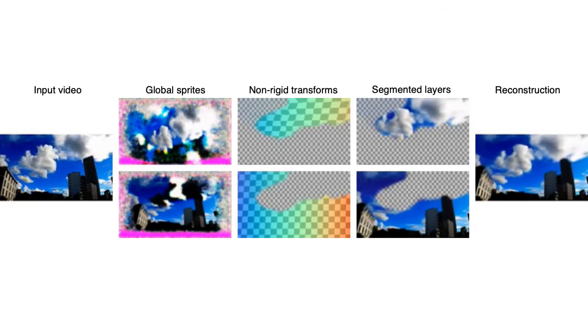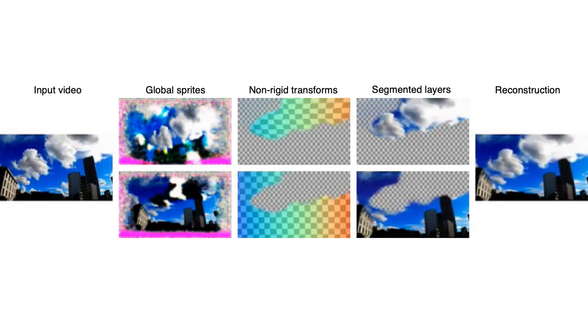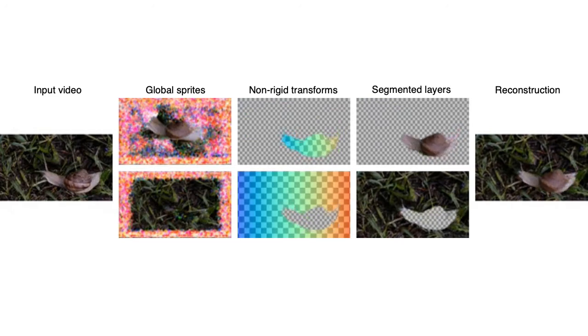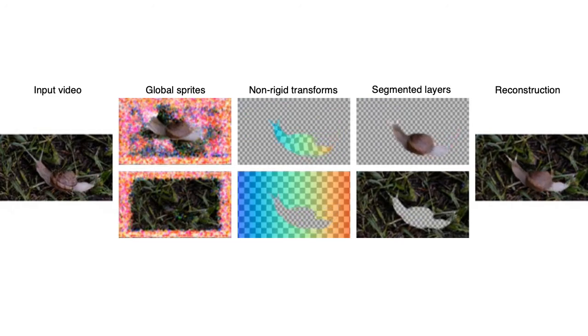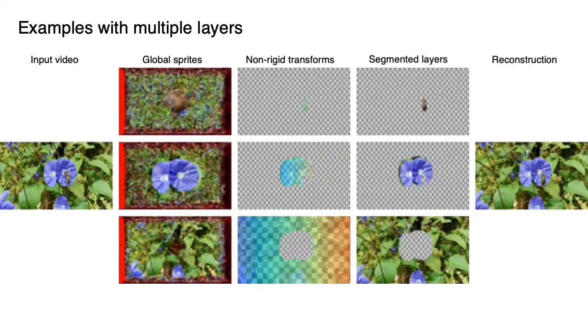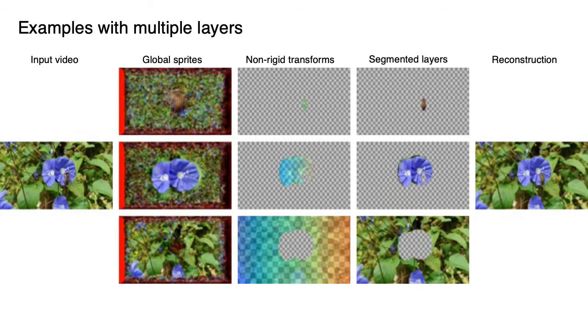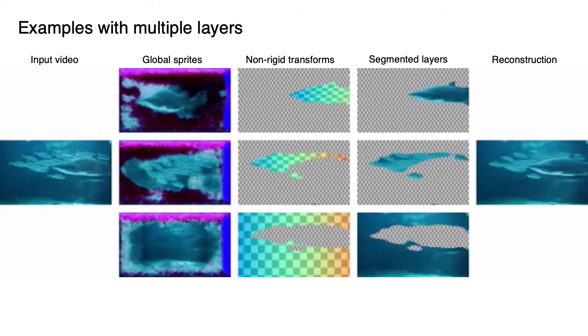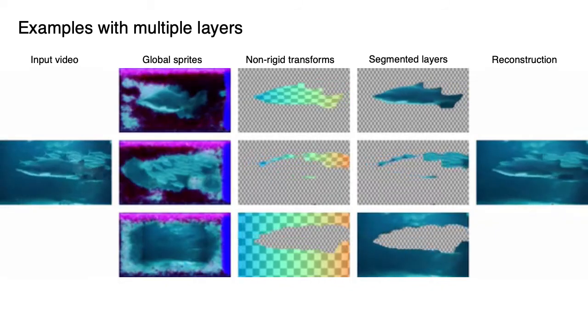Like clouds, snails, and bees. Our method can also handle scenes with multiple moving objects.